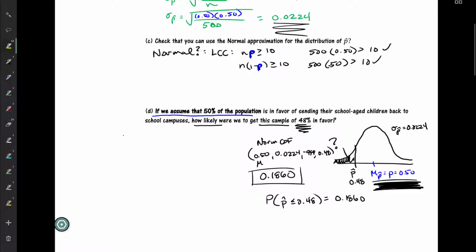If this value is our answer, this is how likely we are, I would look at this number and say that seems kind of high. This could have just happened by random chance alone. Maybe it's not very strong evidence to suggest that less than 50% of our parents are in support of this idea of sending their kids back during the COVID-19 pandemic.